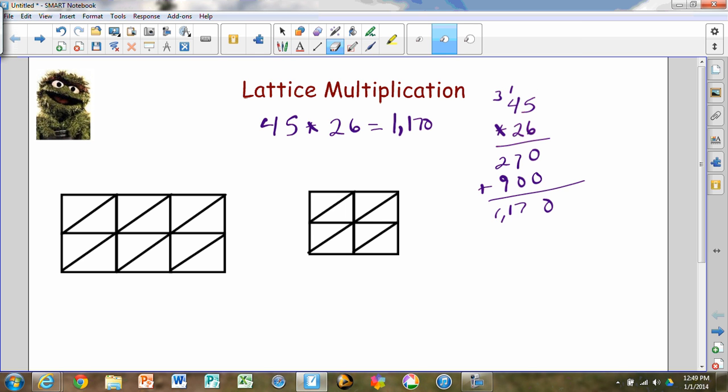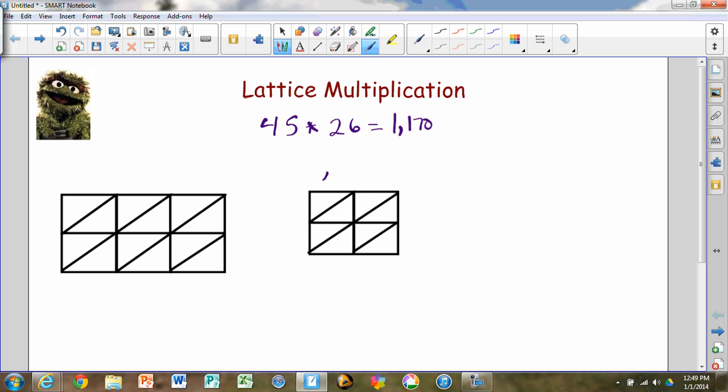Now we can use this space. So we'll put the 45 on top and the 26 down the side. And remember, we're going to multiply 4 times 2 in this box, and that's 8, 0, 8. 5 times 2 is 10, 1, 0, 10. 4 times 6 is 24, 2, 4.